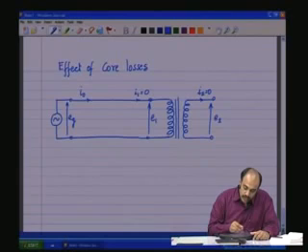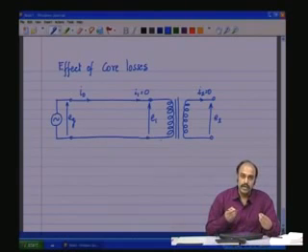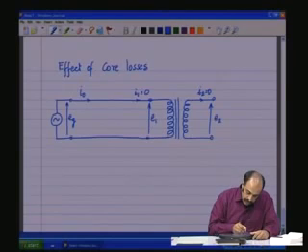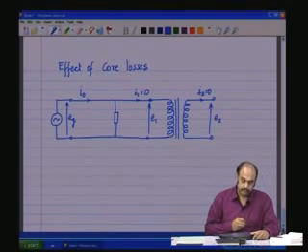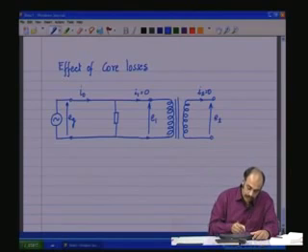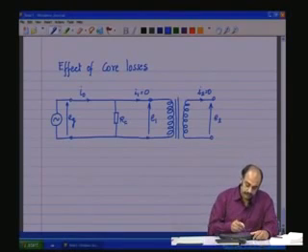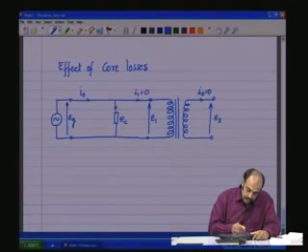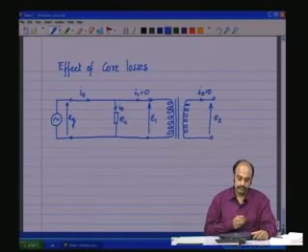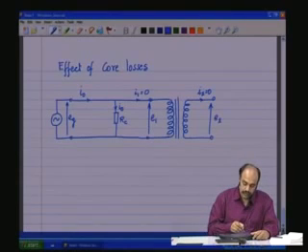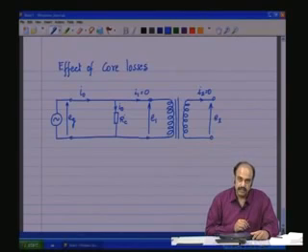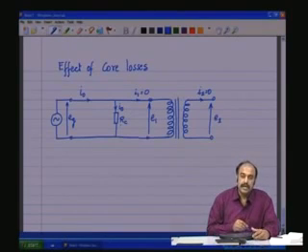Now that current is not going through the ideal transformer, so it has to go through some lossy element. So we put in a lossy element here, and let us call that one RC, the core loss component. And the current that is going to flow through this is the whole I naught itself, which flows through this and provides the I naught square RC as the core loss, equivalent core loss component.